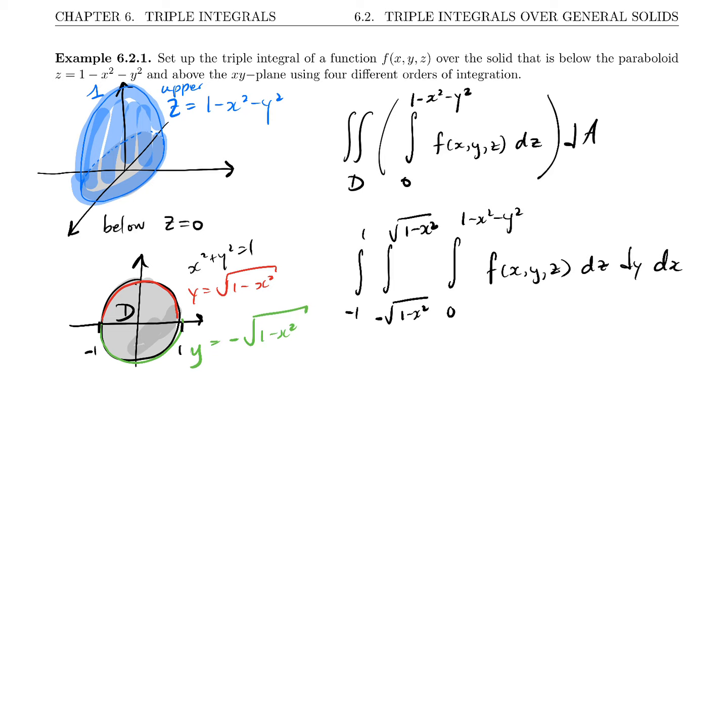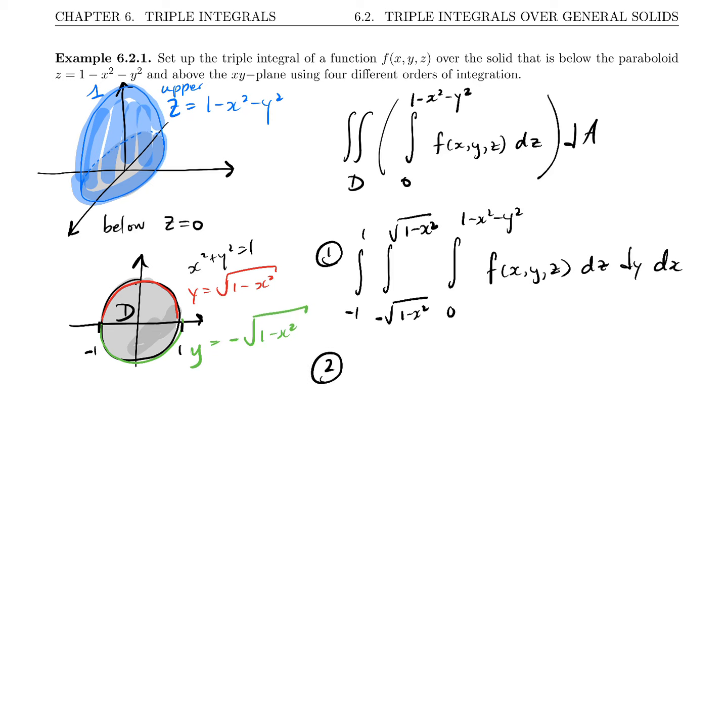So just like the double integral, the constants always go on the very outer integral, and you start integrating on the inside and work your way out, which we're not going to do in this video, but we'll do in an example in the next. So there's one of our 4 orders.